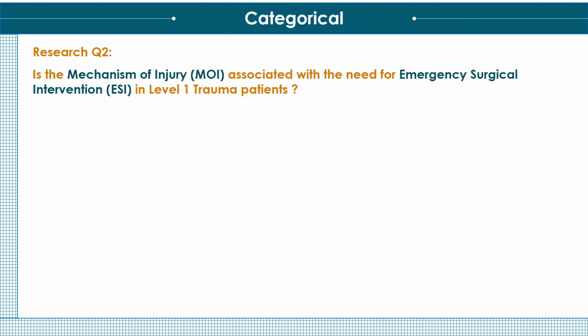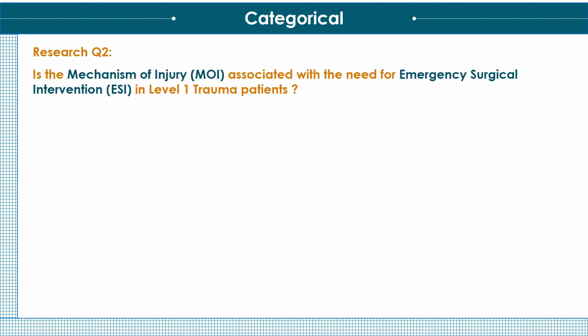So what about categorical data? We had shock index as a continuous variable, but what if we're comparing categorical variables, such as, is the mechanism of injury associated with a need for emergency surgical intervention in level 1 trauma patients? Mechanism of injury, we know, had 3 categories, and emergency surgical intervention is literally, did you have intervention, yes or no?